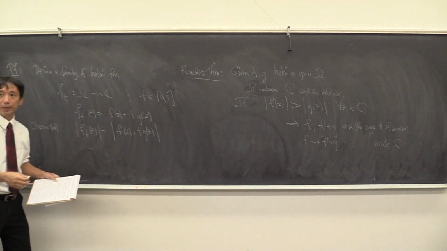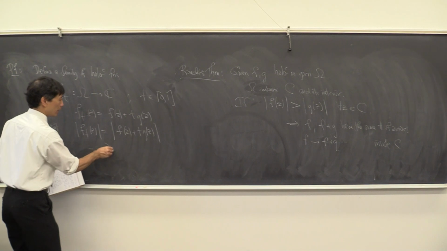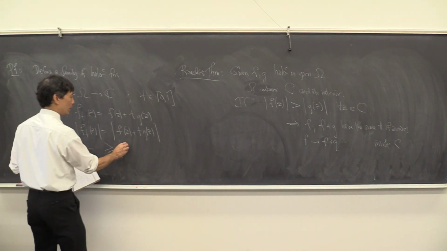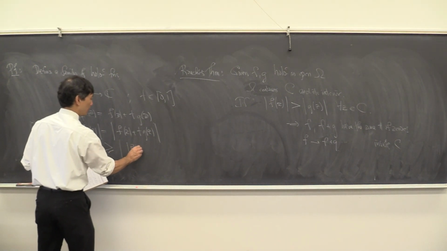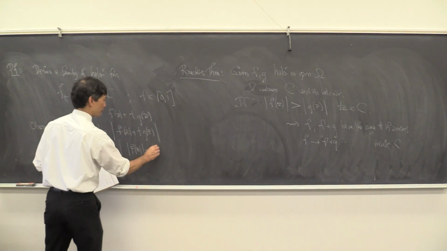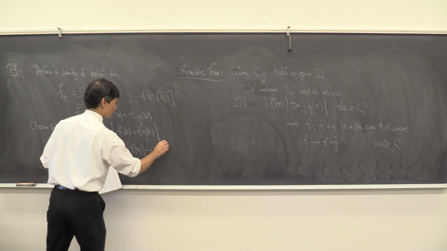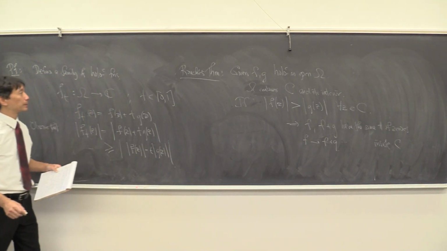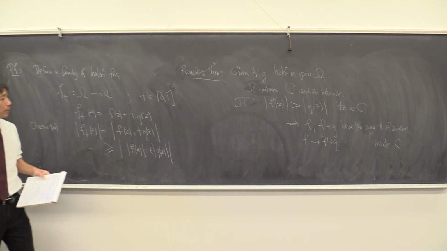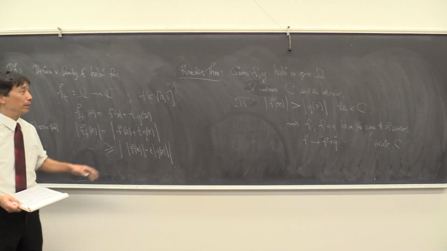Using the other side of the triangle inequality, you can get that this is bounded from below by the difference of the magnitudes, as t ranges from 0 to 1.